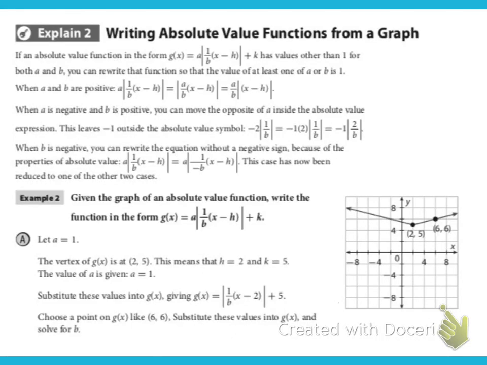In this part of the lesson, we are going to be looking at writing absolute value functions from a graph. So we've been talking about what's called vertex form of an absolute value function, and we know that each of the parameters that we add to the absolute value of x has some sort of effect, either vertically or horizontally, on the shape, the position, the direction of the graph.